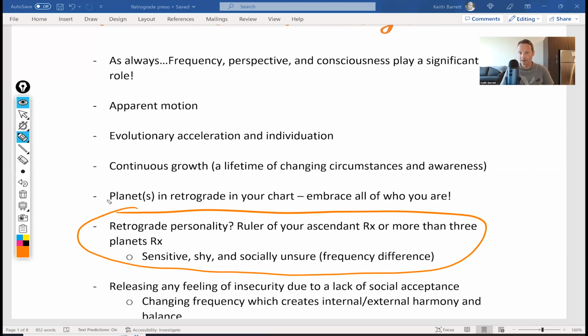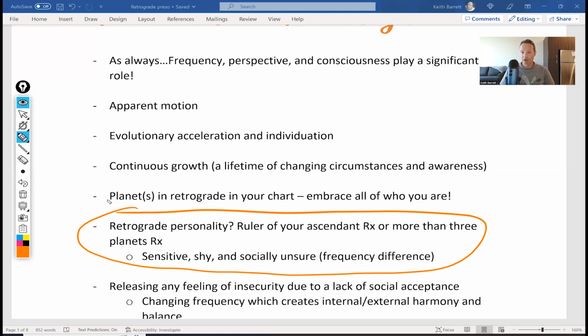If you locate that in your chart and that planetary ruler is retrograde, that would lend to a retrograde personality, which means, yeah, the first house is how you project your energy. So I need to be able to do that in a way that's uniquely me, remove conditioning, right? And so that would be indicative of a retrograde personality chart.